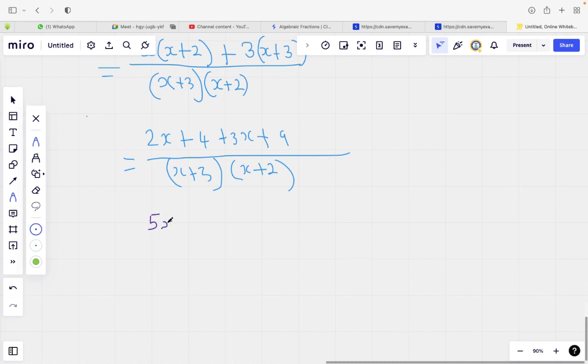We just collect like terms. And then 4 plus 9, we get 13. So we say 5x plus 13 all over the denominator, x plus 3 in one bracket and x plus 2 in another bracket. Okay, so this becomes our final answer.